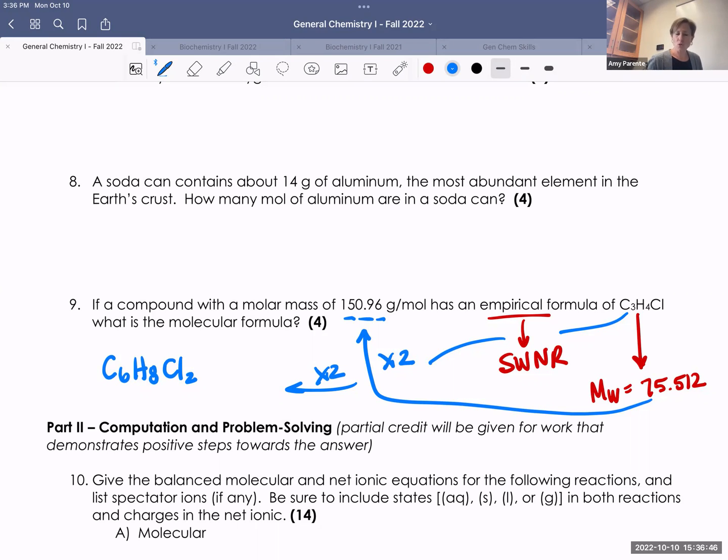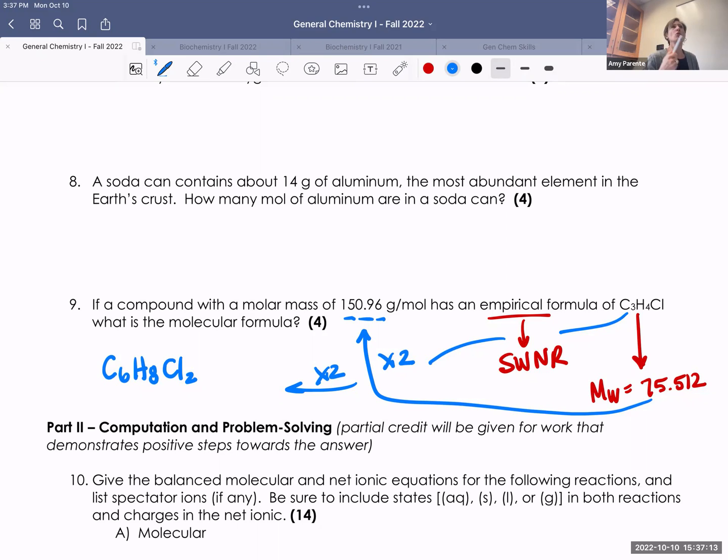So the only time you're going to want to use Avogadro's number, and I'm looking to see, we don't have one on this page, is if it asks something about how many, or counting. Like, if the problem above it asked not how many moles of aluminum are in the soda can, but how many atoms of aluminum.